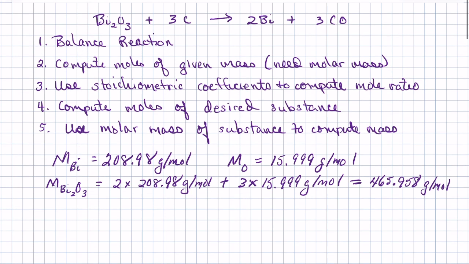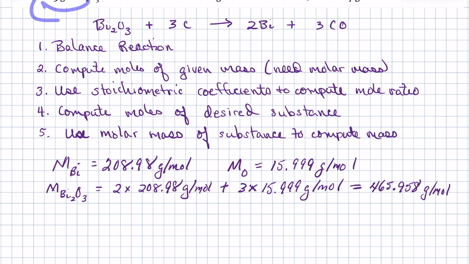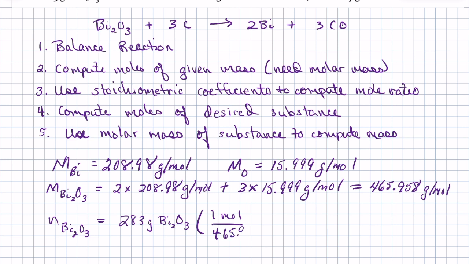Well, we've got a given of 283 grams here. So what we're going to do is figure out the number of moles of our bismuth oxide, which is going to be equal to the 283 grams divided by the molar mass, or if you want, we can write it this way. 1 mole is 465.958 or 96 grams per mole.